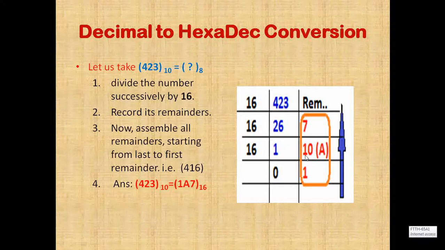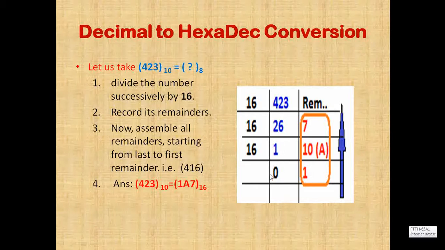Since there is no digit 10 in hexadecimal, instead of 10 we have A, because 10 is represented by A in hexadecimal. So we'll write A here, and again we will divide this quotient by 16. 16 times 0 is 0 and remainder is 1. So we'll note down this remainder here.